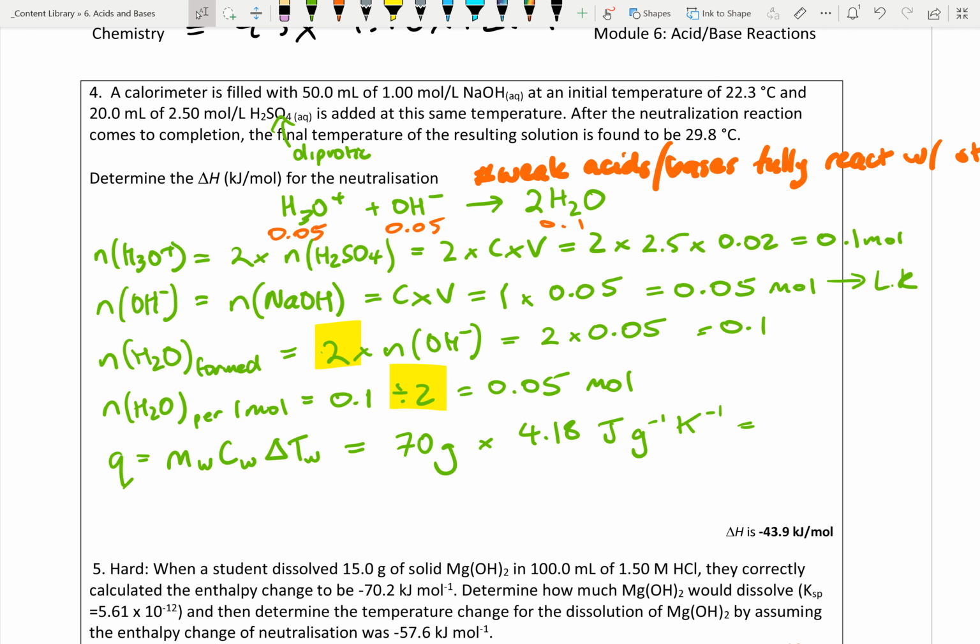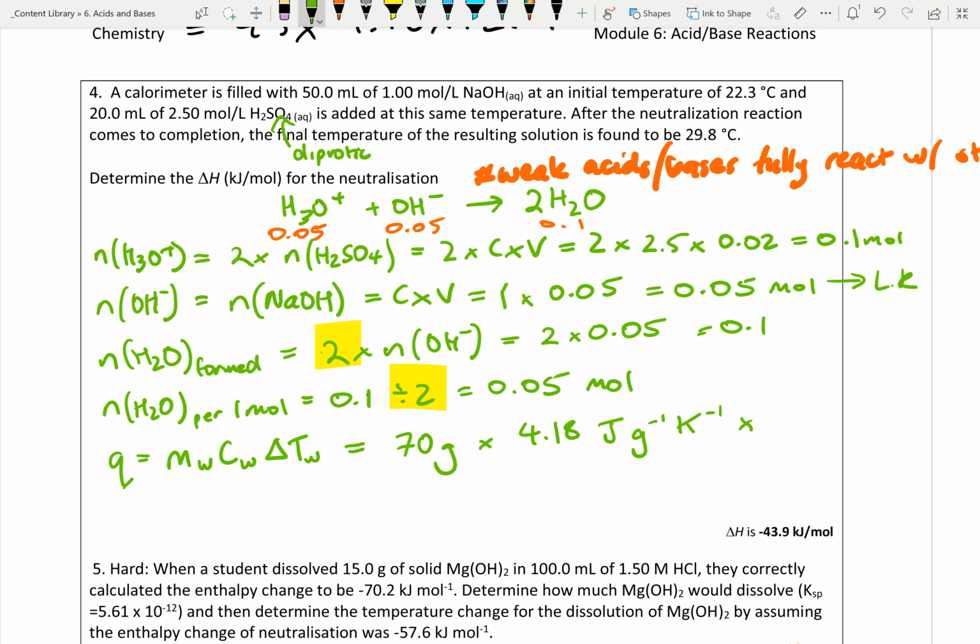We have to use the specific heat capacity of water. This tells you that it takes 4.18 joules to get 1 gram of water to jiggle a bit faster, that we call 1 Kelvin faster. And because we don't know the specific heat capacity of the mixture, we're just going to have to assume it's water.